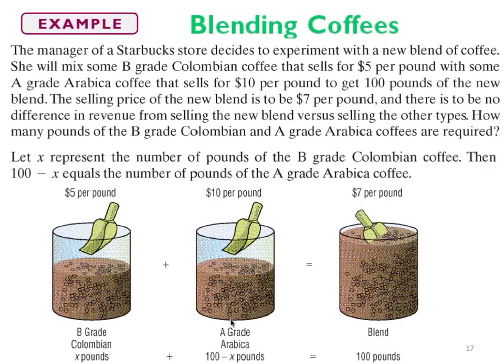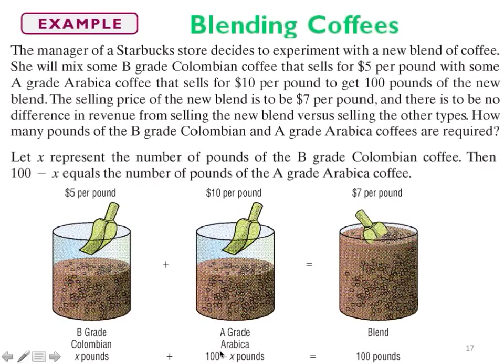If you look at what we've done here, we've drawn a representation of what's going on. We have our B grade, our A grade, $5 per pound, $10 per pound, and then our blend, which puts the two together at $7 per pound. We're going to call x the number of pounds of B grade that we're using.